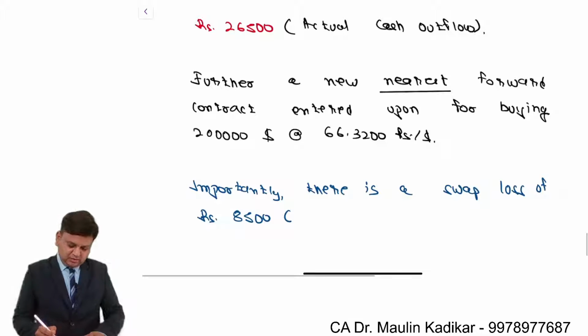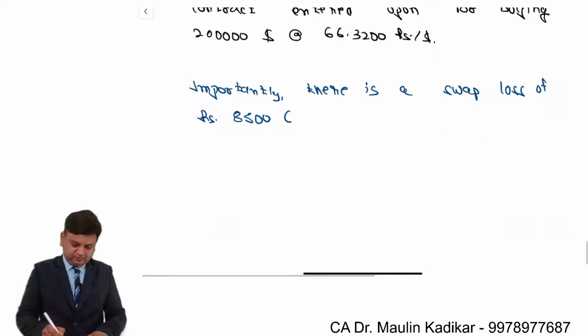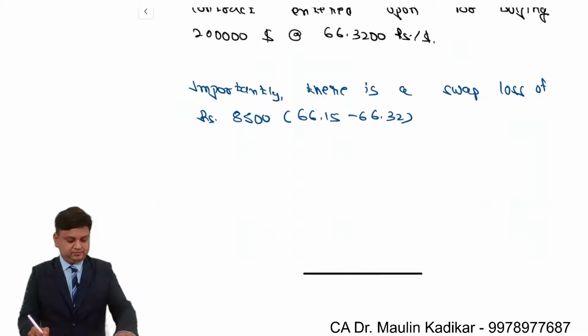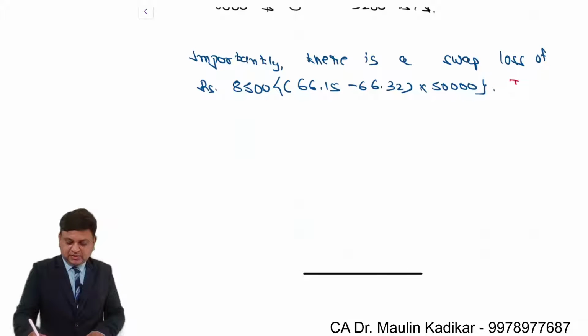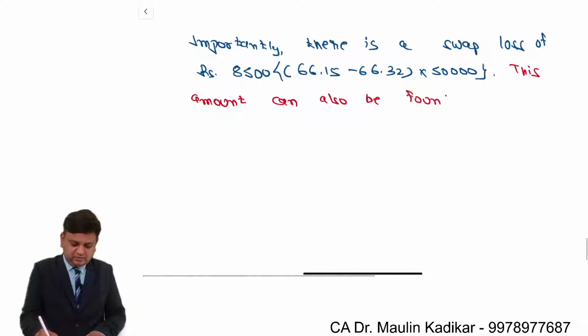In bracket write down 66.15 minus 66.32 into 50,000. Full stop. This amount can also be found as under.